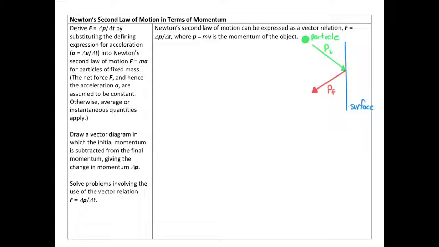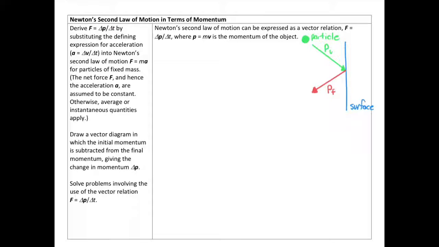So now we're going to get into the momentum part of Newton's second law. So we're going to look at Newton's second law in terms of momentum. We're going to start out by deriving this relationship here that relates force and momentum. So Newton's second law, previously we've thought of as force equals mass times acceleration.